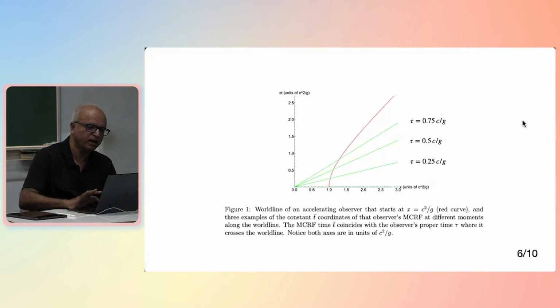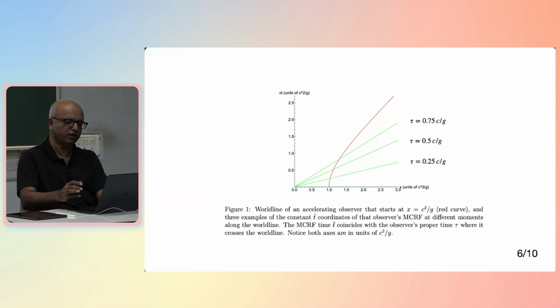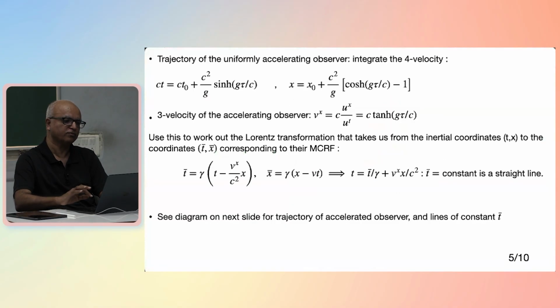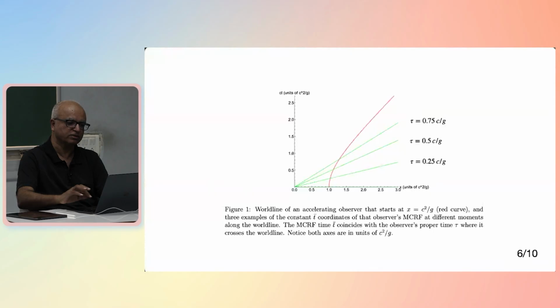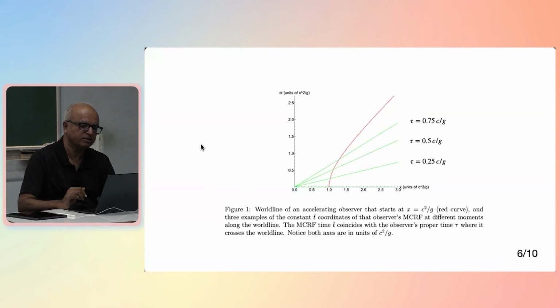I start at x equals c square by g, that is my starting point. That is what I get at tau equal to 0. Let us go back here for a moment. At tau equal to 0, x is equal to x naught. I put that x naught as c square by g for this trajectory. Okay? I start at c square by g, and this is my curve.